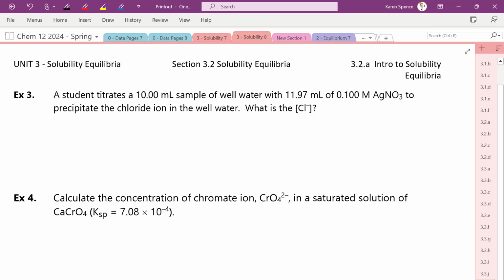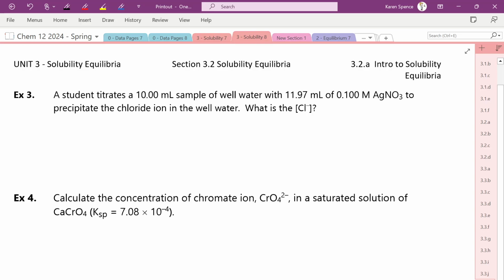Let's take a look at this one here. We have a sample of well water. A student titrates 10 milliliter sample of well water with 11.97 milliliters of 0.100 molar AgNO3 to precipitate the chloride ion in the well water.